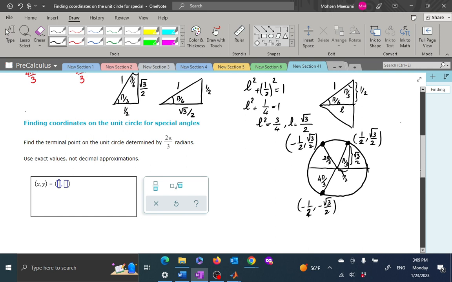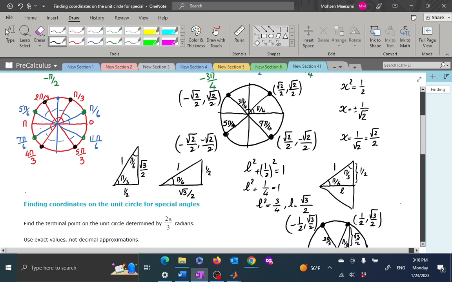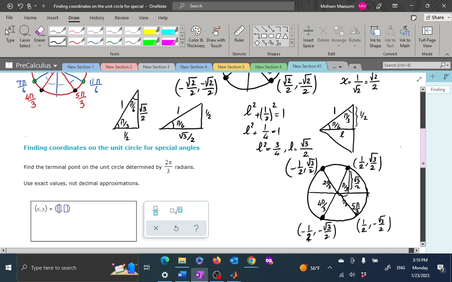And if I come down here, so that would be 1, 2, 3, 4, 5. This is going to be at 5 pi third. And the coordinates now is 1/2 and minus radical 3/2. So we found out for these four points what quantities we have for the coordinates of those.